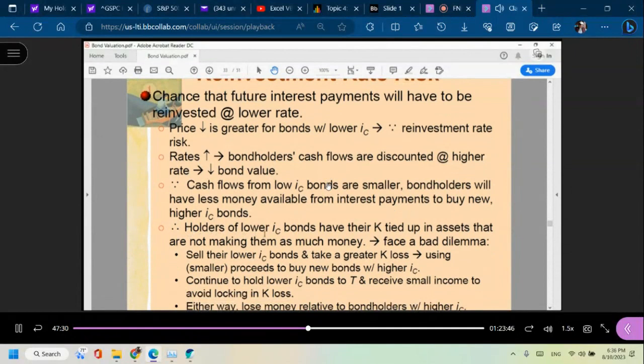Holders of lower coupon bonds have their capital tied up in assets that are not making them as much money. You cannot sell, because if you sell, you will just realize a smaller cash payment, with a greater capital loss. And then with the smaller proceeds, you have to buy new bonds.